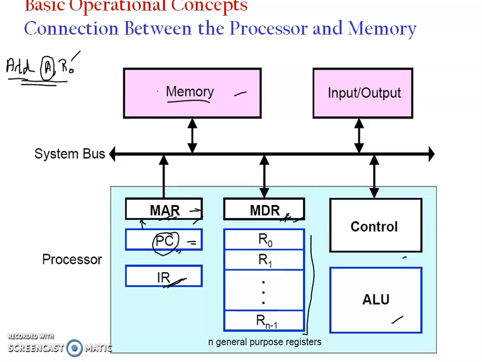Similar to this instruction, a sequence of instructions will be there that forms a program. One by one, instructions will be fetched from the memory. If this instruction is being fetched, the address of this instruction will first be stored in the PC. Assume the address of this instruction is 1004, and in that location this ADD A, R0 is placed.